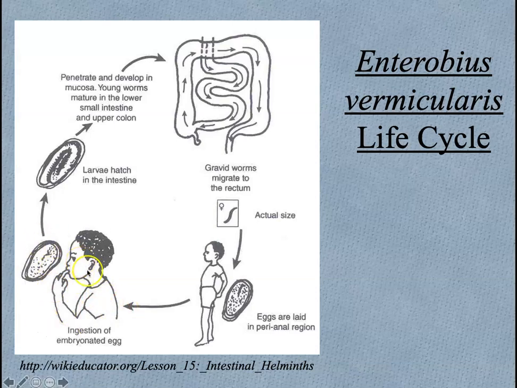So the same child could ingest it, or another family member could ingest it, or anyone else who has contaminated hands or clothing, or it could even be in dust. They would ingest an infective egg. Here's the developing larva inside the egg. So once it's ingested, the larvae hatch out and the larvae mature into male or female forms. And then mating occurs, female lays eggs.